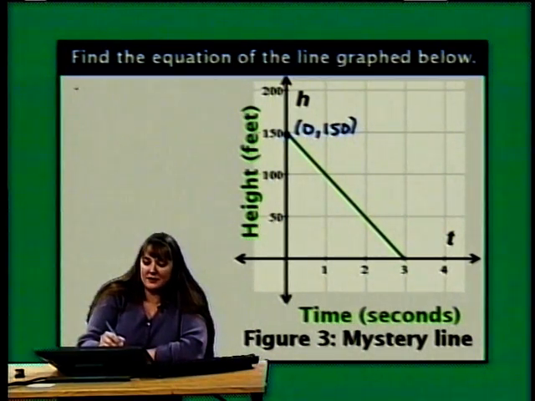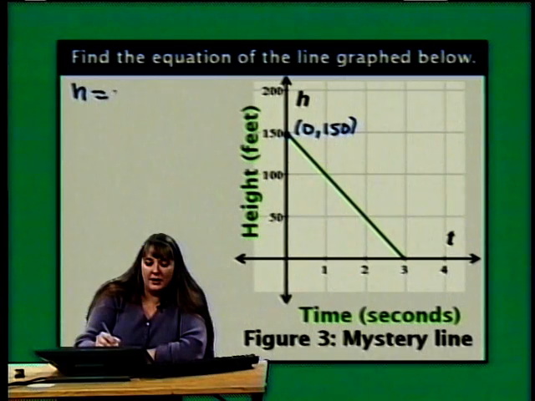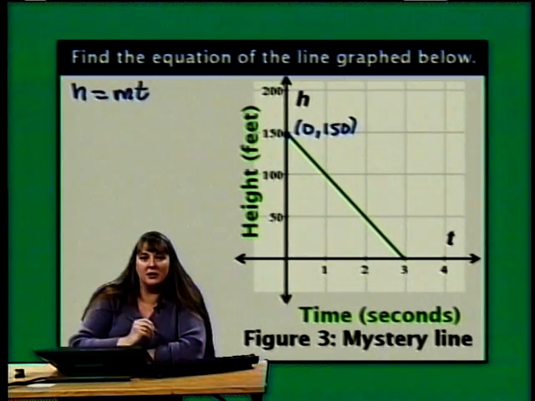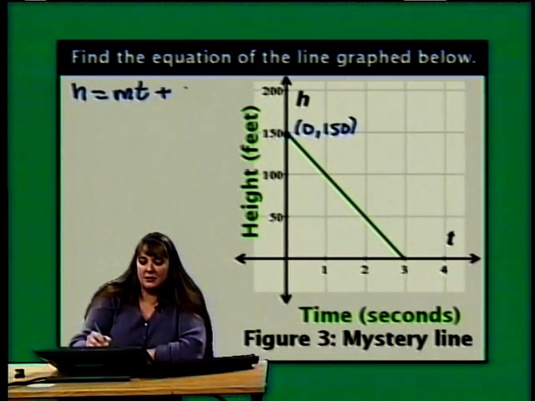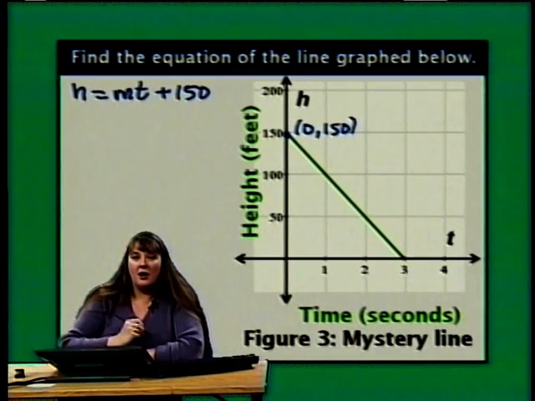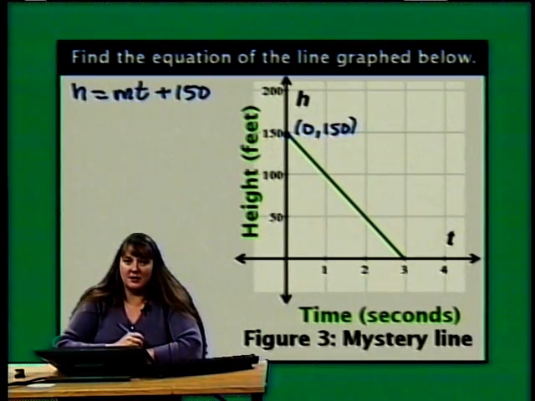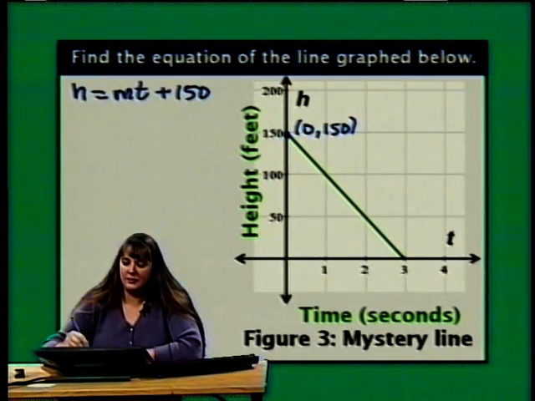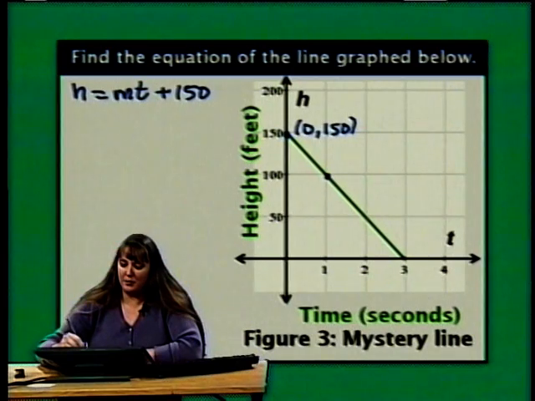So I should have something of the form h, my dependent variable, equals m t, my independent variable, plus 150. I know the value of b is 150 because my vertical intercept is 0, 150. The only thing left to find here is the slope. So let's find the slope between a couple of points on the line. How about the points 1, 100 and 2, 50?